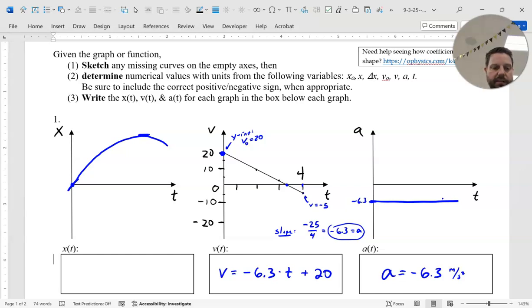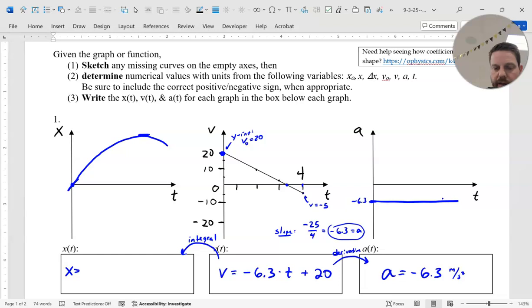So in going to the xt graph, because I'm using functions here, I can do an integral. Just like if I were to go to this one, I could use a derivative. And if we notice the derivative of this function, if you go ahead and try that, should give you negative 6.3. When we do the integral of this function, we're going to raise this to a square, right?